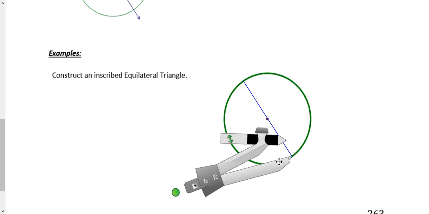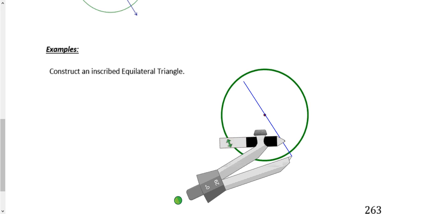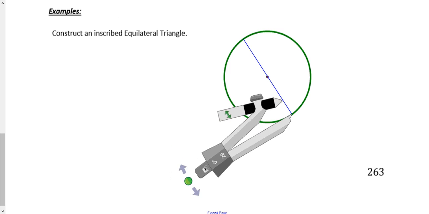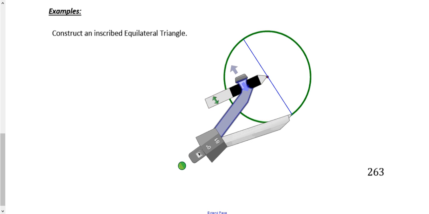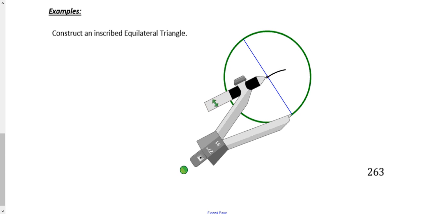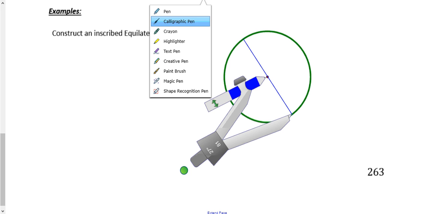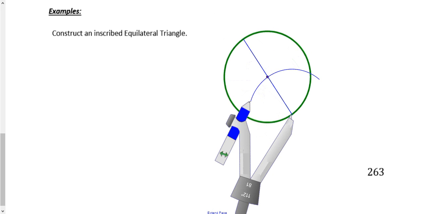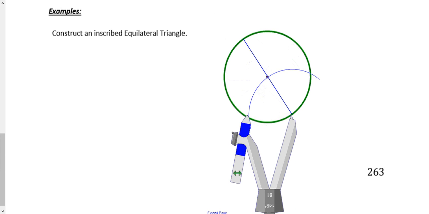And how far are we opening up, guys? We're just measuring the radius, aren't we? Like that? So I don't need to make that full circle, right? You can if you want, whatever.